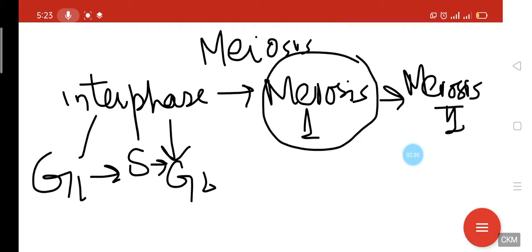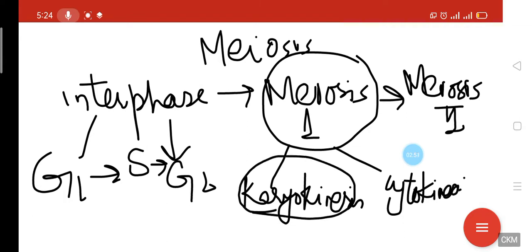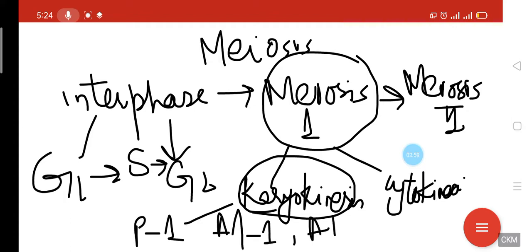In meiosis 1, karyokinesis and cytokinesis occur. The karyokinesis has 4 phases: prophase 1, metaphase 1, anaphase 1 and telophase 1.